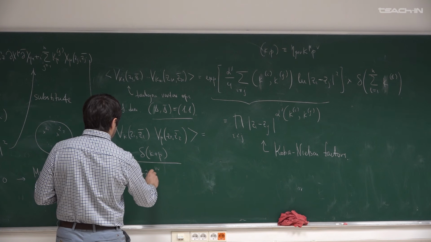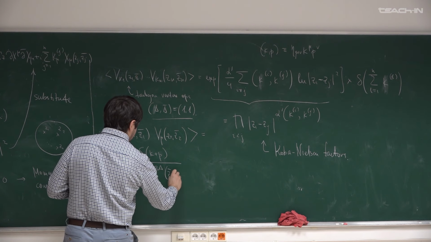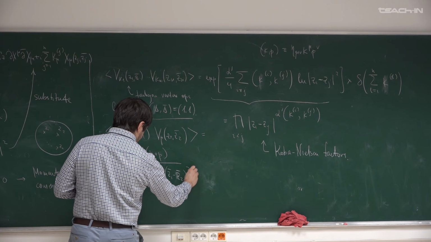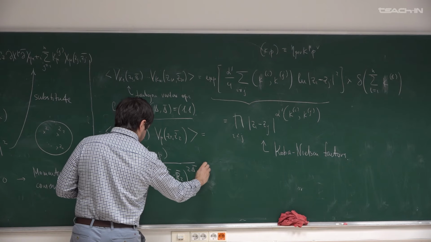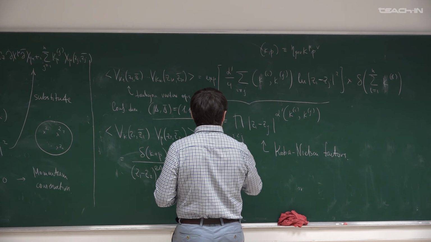So this is z1 minus z2 to the power 2 delta, z1 bar minus z2 bar to the power 2 delta bar, which in this case means this should be delta function of k plus p divided by z1 minus z2 to the power 4 delta.